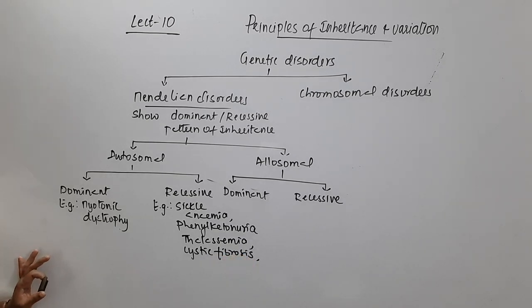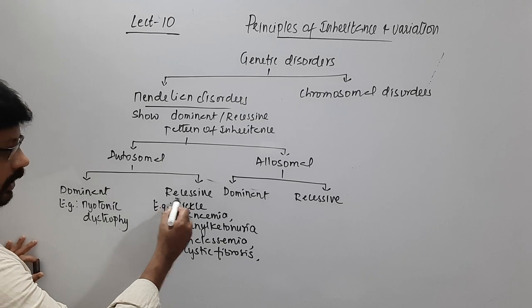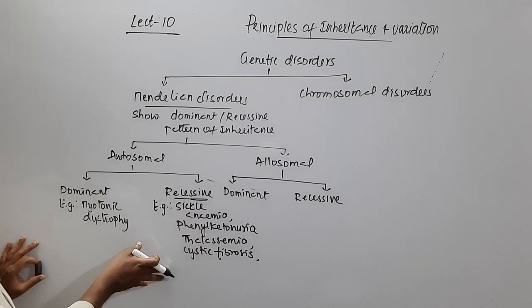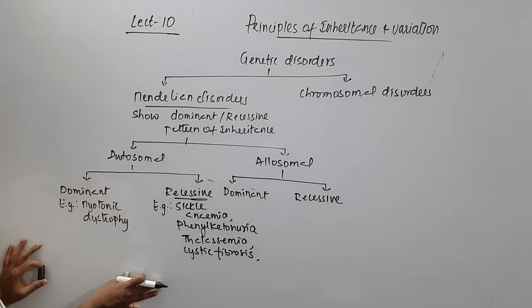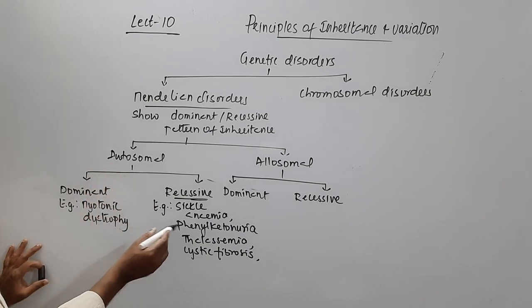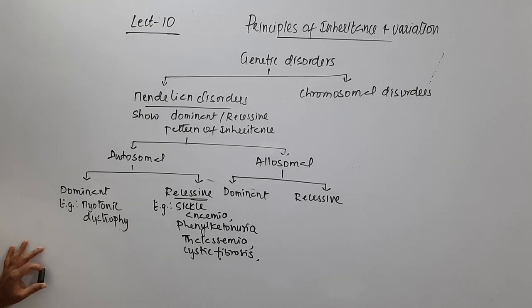Those are the ones which I'm going to explain under autosomal recessive traits: sickle cell anemia, phenylketonuria, thalassemia, and cystic fibrosis.